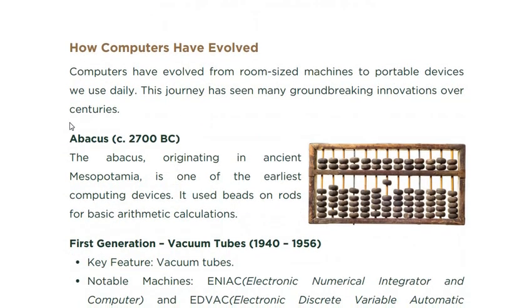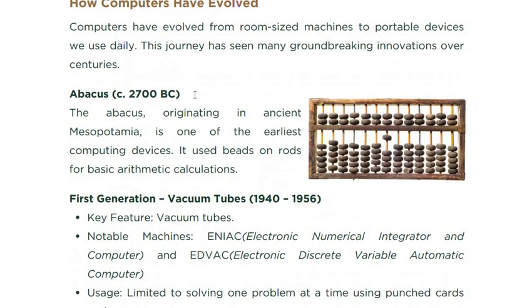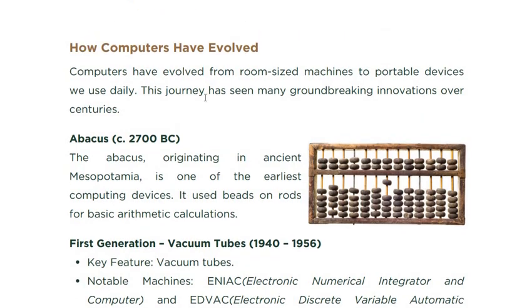Then let's proceed with how computers have evolved. Before we proceed with those portable computers that we have today, we must have an idea first about how computers started or how they evolved. It says here that computers have evolved from room-size machines to portable devices.